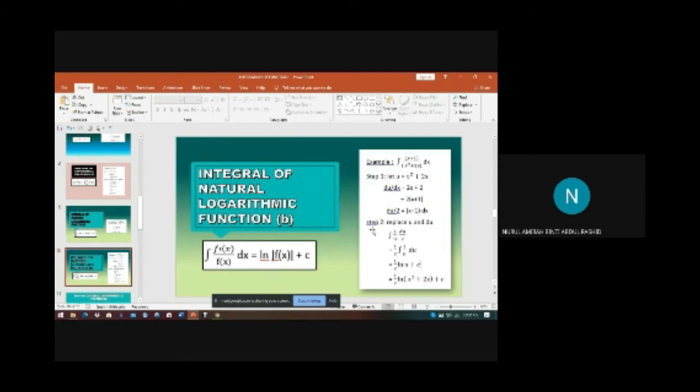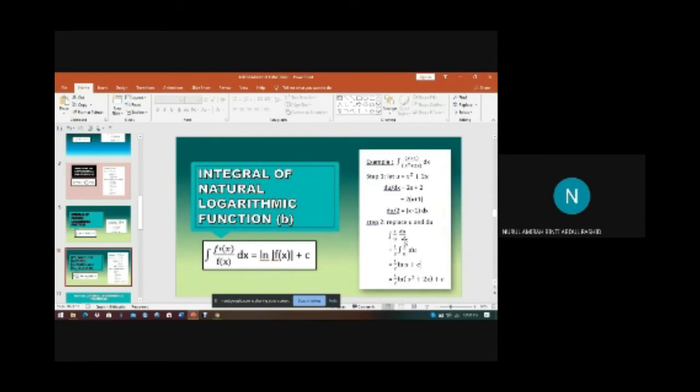And last, for step 2, again you have to replace u and du for this part and this part dx, and we get the antiderivative of 1 over u du over 2.